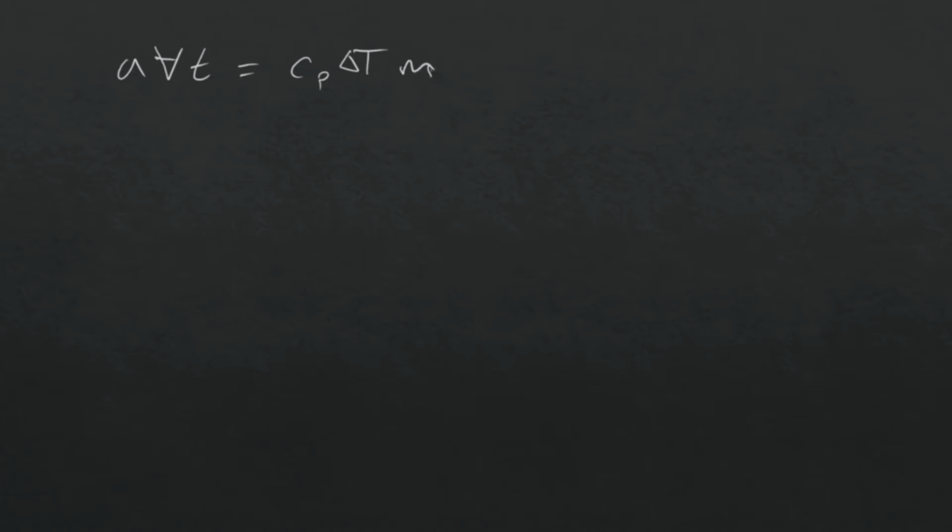So if we're interested to find out how big a delta T we might have, we could say that we've got the internal heat generation times the volume times the time divided by Cp for the material and the mass.